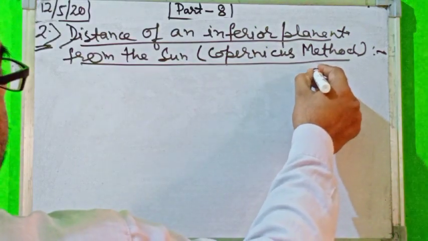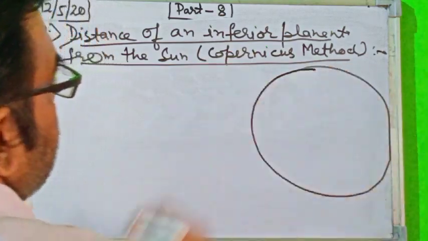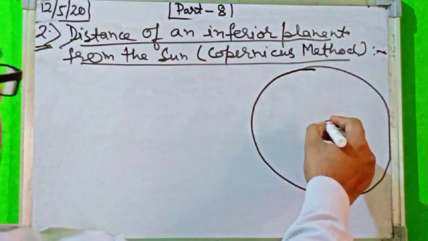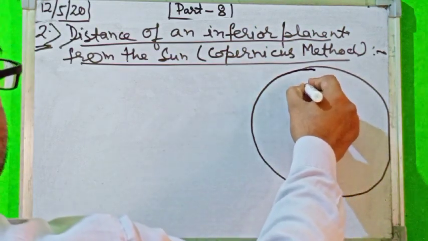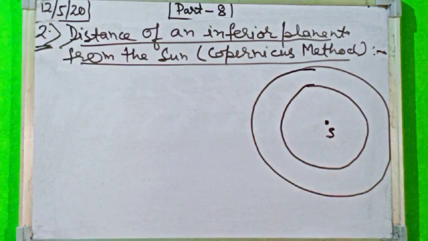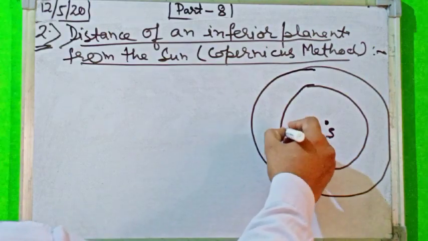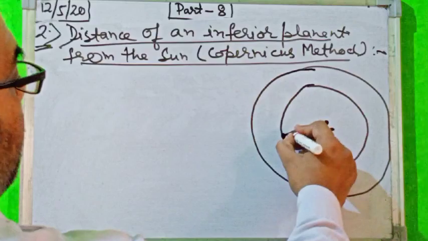This is the radius of the earth, with the sun at the center, and this is the radius of one of the inferior planets. The planet is situated here. I am joining this.